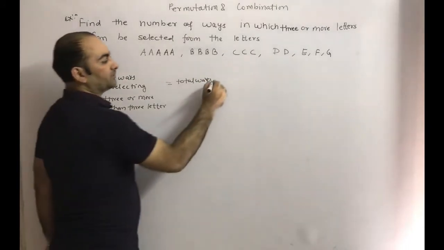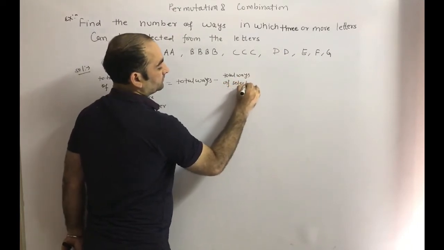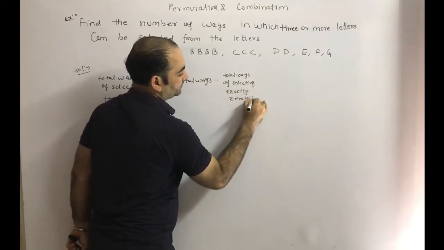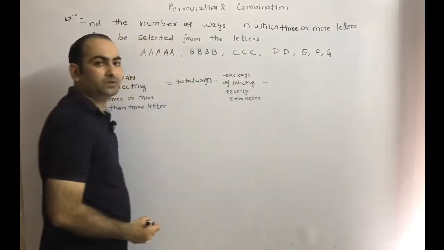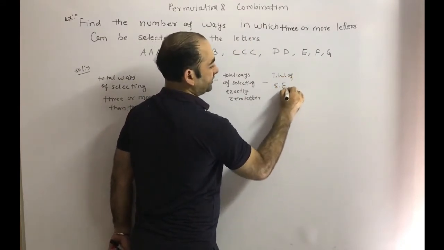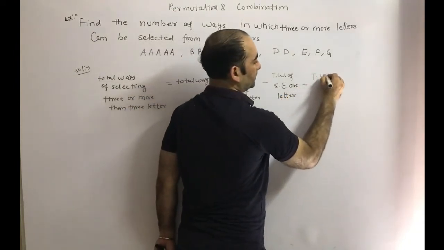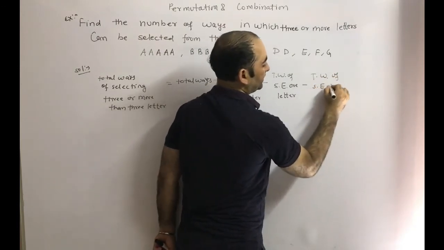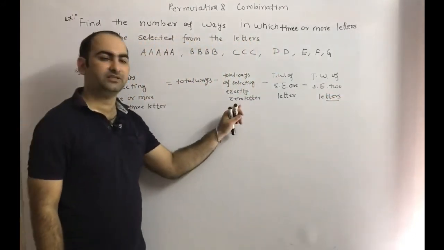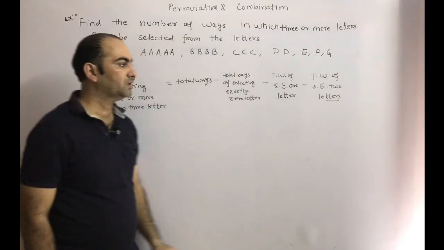From the total ways we have to subtract the total ways of selecting exactly 0 letters, minus the total ways of selecting exactly 1 letter, minus the total ways of selecting exactly 2 letters. Okay, so that we have to find out.